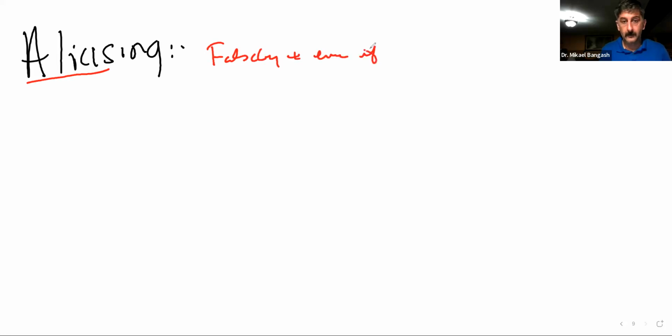Aliasing. Now, what did we say aliasing was? We can say it's falsely positive, even if we had a negative Doppler shift.